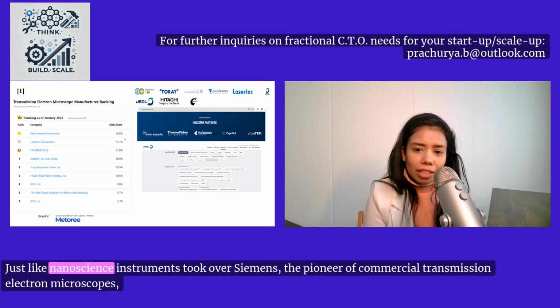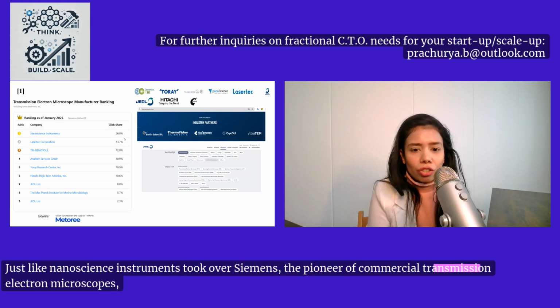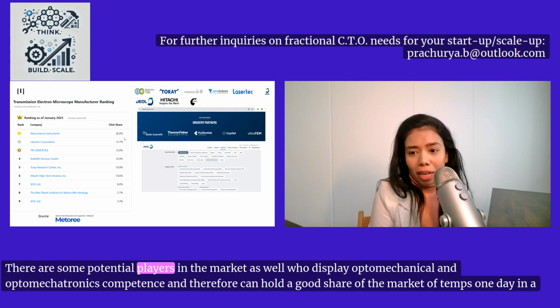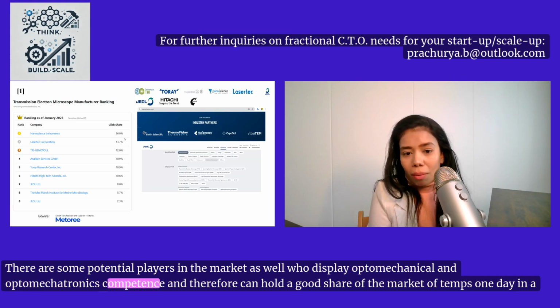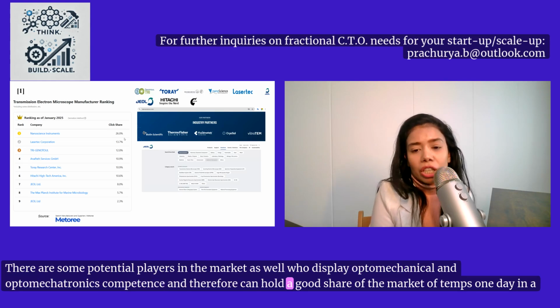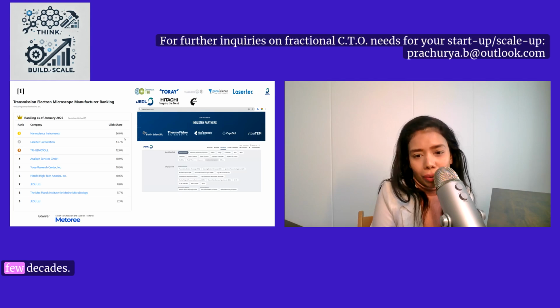Just like Nanoscience Instruments took over Siemens, the pioneer of the commercial transmission electron microscope, there are some potential players in the market as well who display optomechanical and optomechatronics competence and therefore can hold a good share of the market of TEMs one day in a few decades.